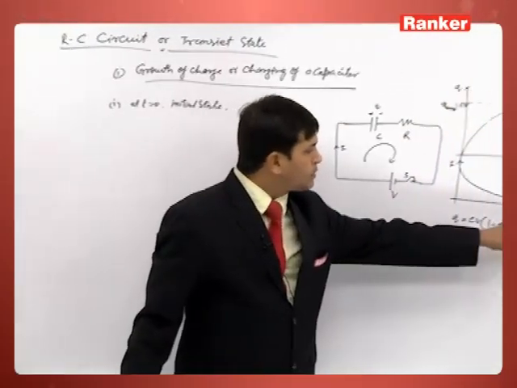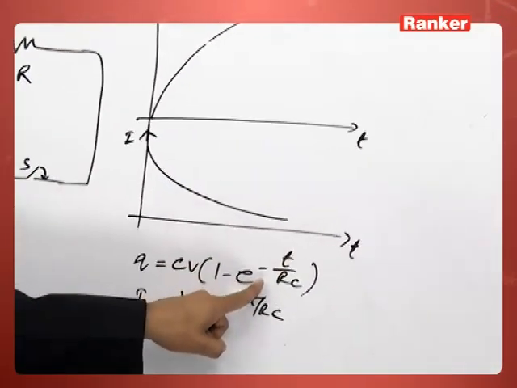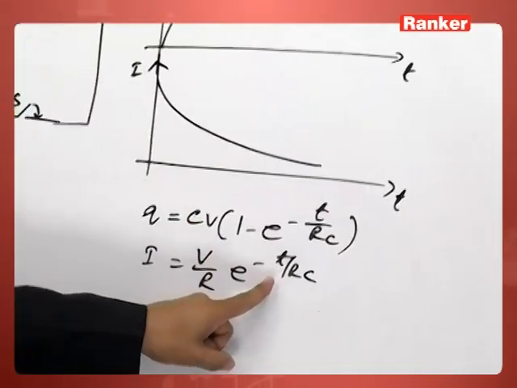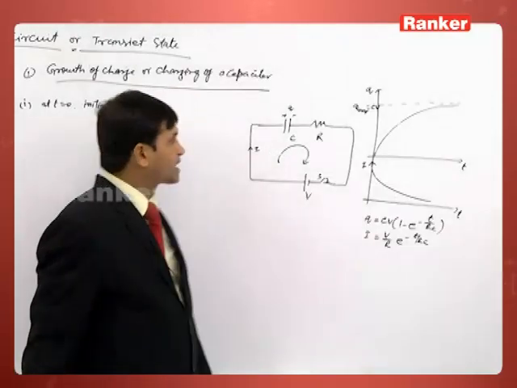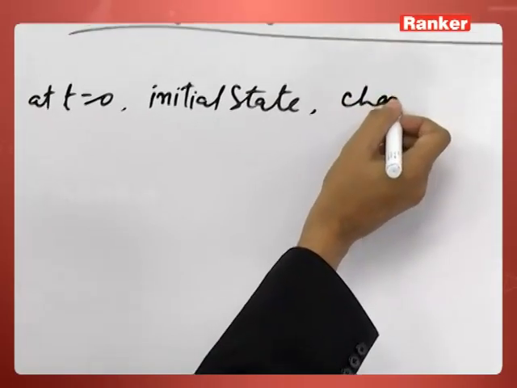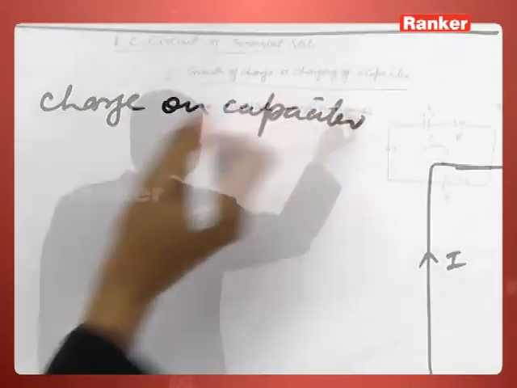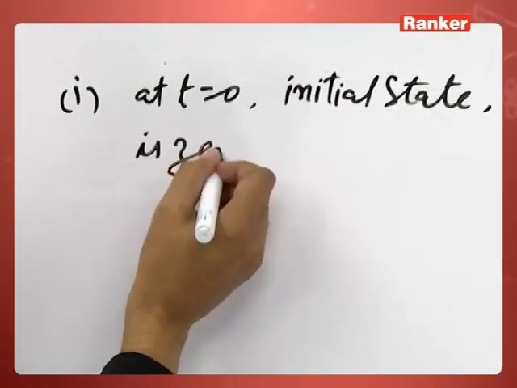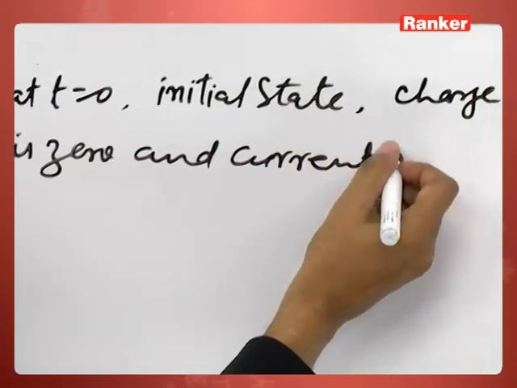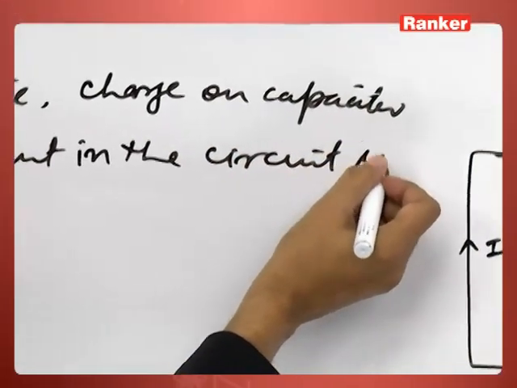At t is equal to 0, when we substitute t value 0 here, e to the power 0 becomes 1, the charge on the capacitor will be 0, but the current in the circuit will be maximum. So at t = 0, the initial state, the charge on the capacitor is 0 and the current in the circuit is maximum.